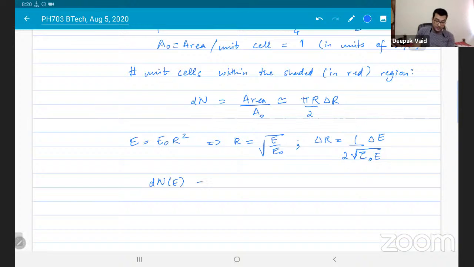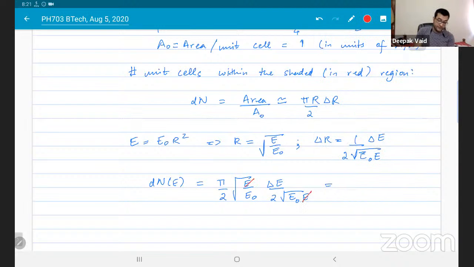So dn is equal to pi by 2, R is root E by E naught, delta R is delta E by 2 root E naught times root E. Okay.